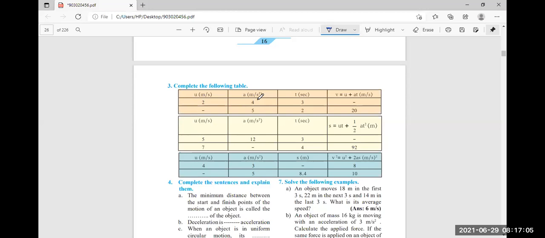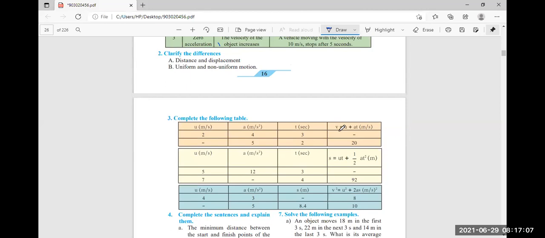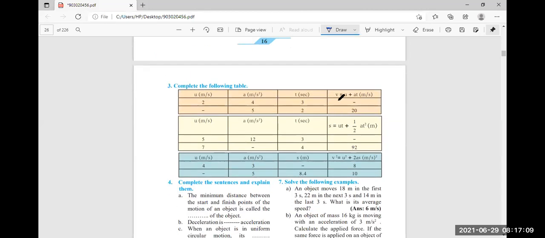Okay, when we have to find the final velocity, we use this formula, already given in the table. So there is no need to remember this. V equals u plus at. So u's value we know, 2, plus a is 4 into t. T means 3. Now you have to write it in brackets, so you will not make a mistake.